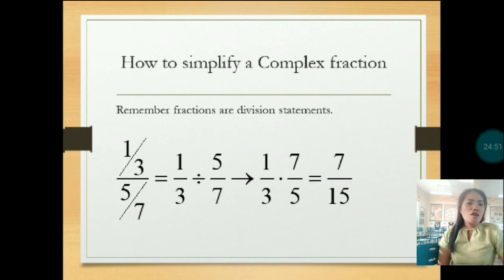It's just the same process. You copy the dividend 1 over 3, and then you get the reciprocal of the divisor, which is 5 over 7. That becomes 7 over 5. Then proceed to multiplication. So you have 1 times 7 is 7, and 3 times 5 is 15. Okay.